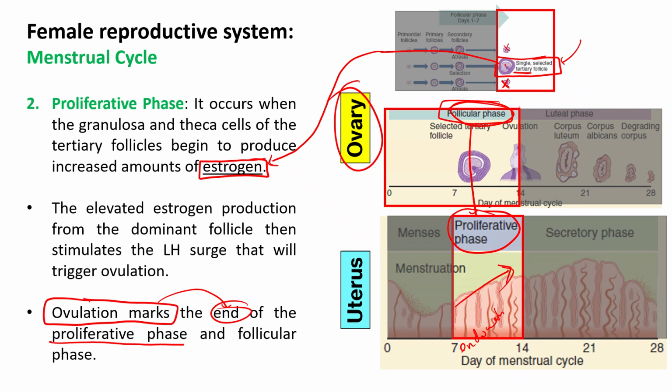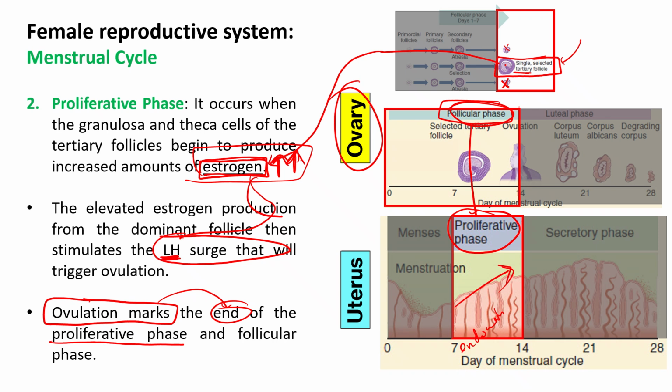Prior to ovulation, we mentioned before, estrogen levels start increasing. We said that this elevation in estrogen stimulates the release of LH by the pituitary gland.